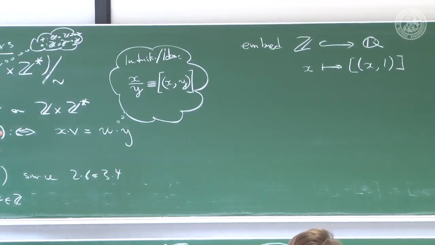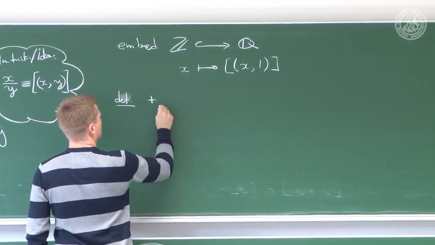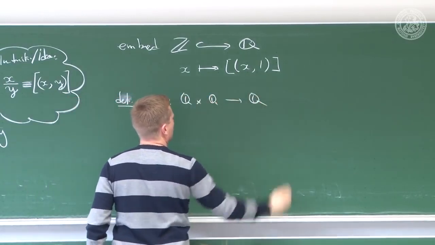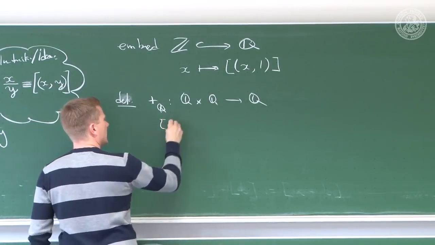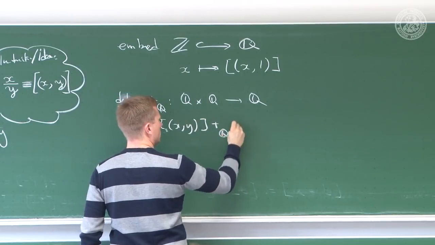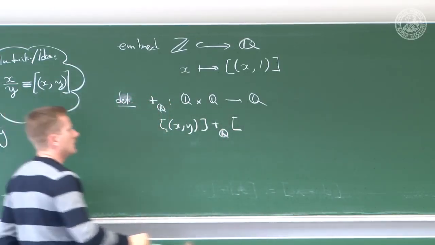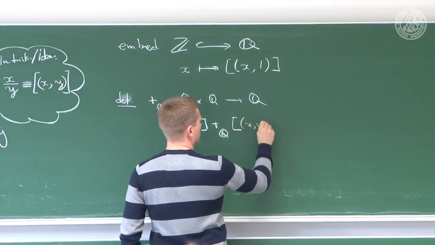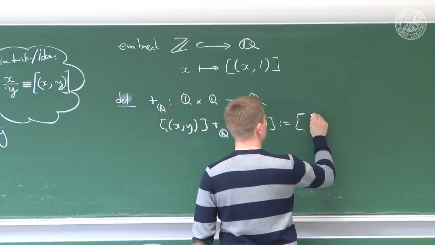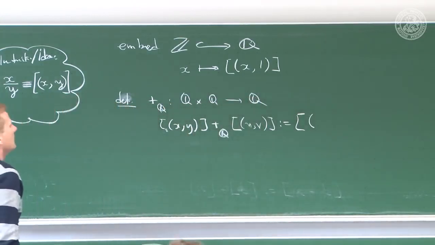Okay, and of course you need an addition. You define an addition on Q. That's simple. That's something like (x, y) plus on Q (u, v). You use representatives, and the addition is what you learn in school. No, it's not what you learn in school. Addition is difficult.